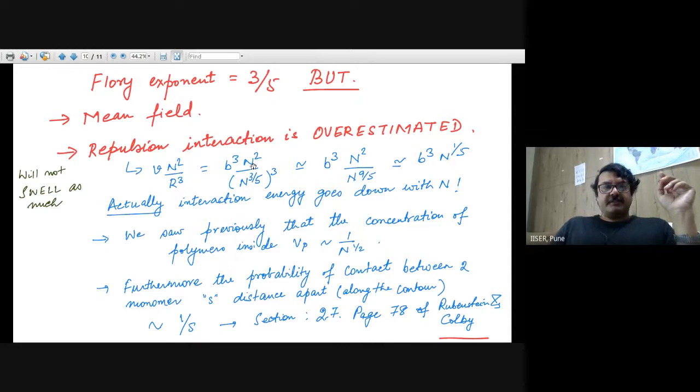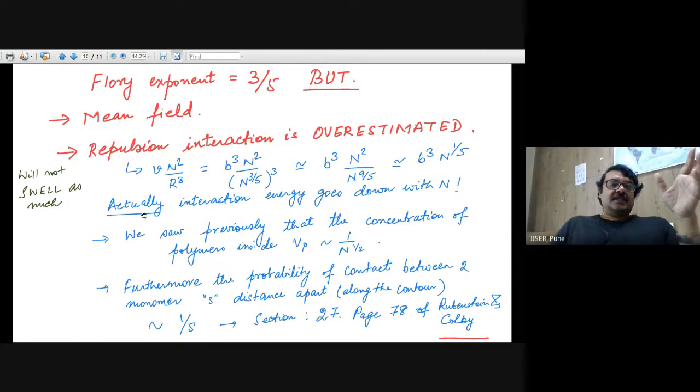And if you put it back, and R now goes as n to the power 3/5, you would see the repulsive interaction essentially increases with the number of monomers in the chain. It goes as n to the power 1/5.